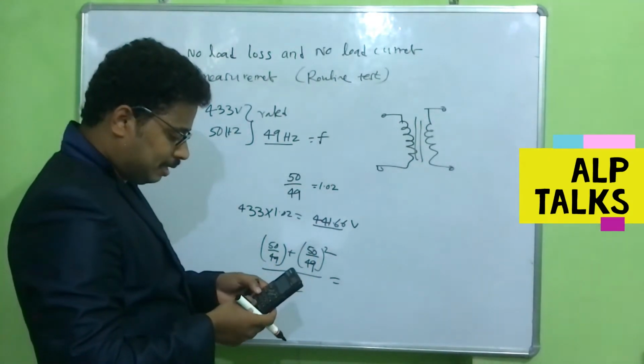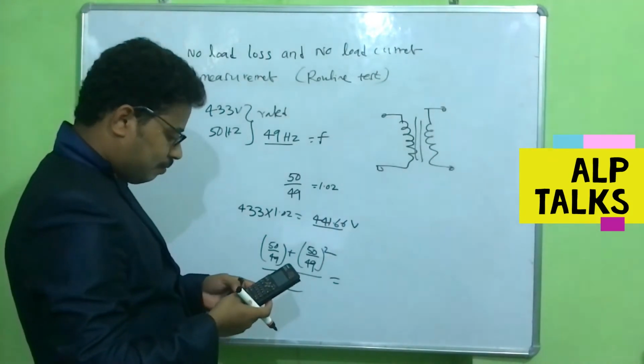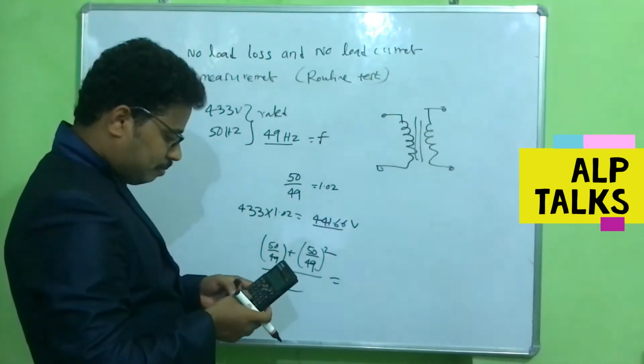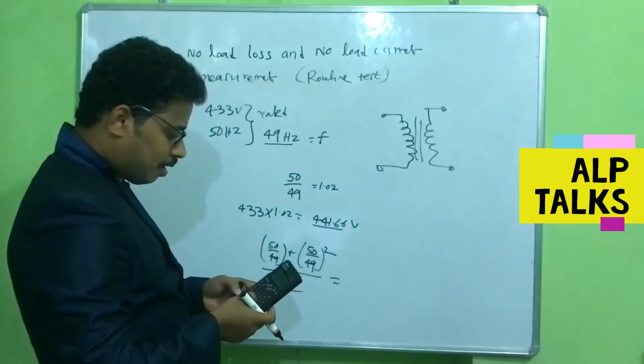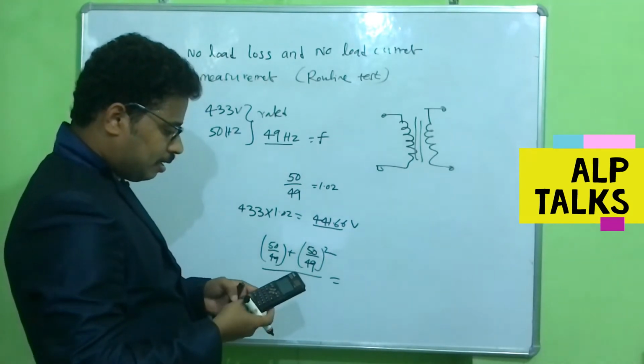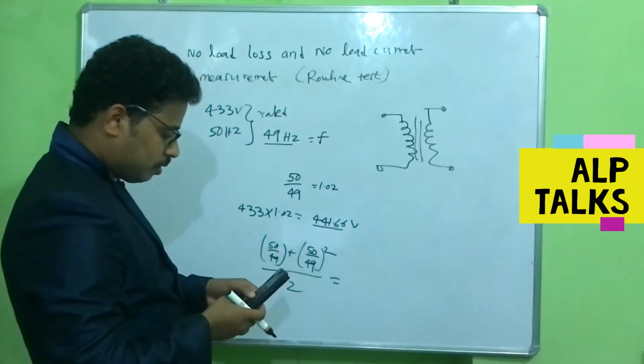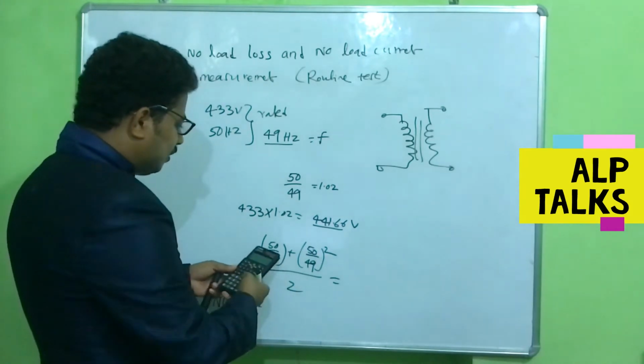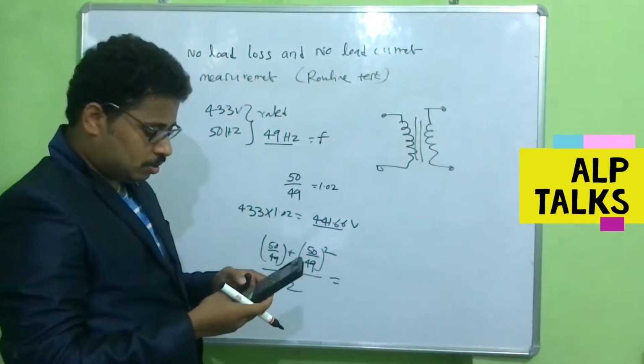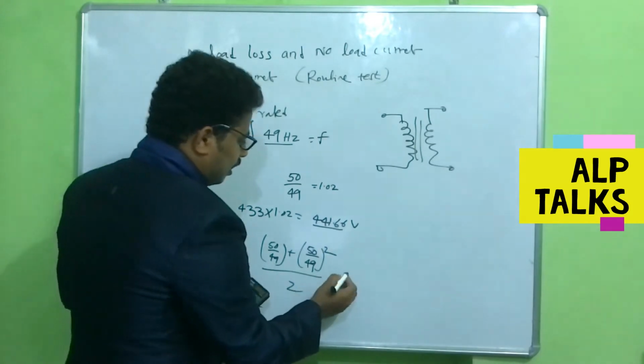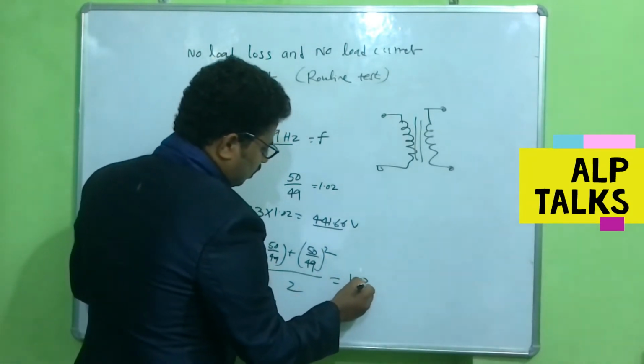So here, it is simply 50 by 49, plus again 50 by 49 whole square, and we are going to take an average of that. If you take the average, it will give 1.03.